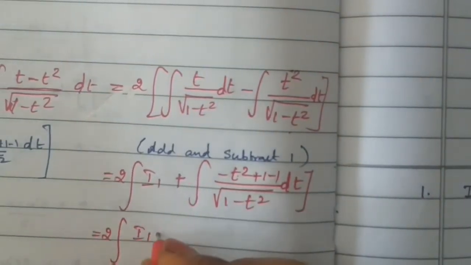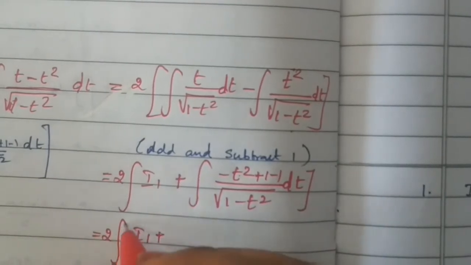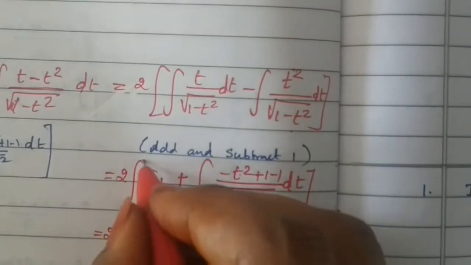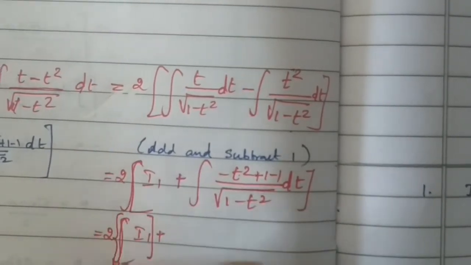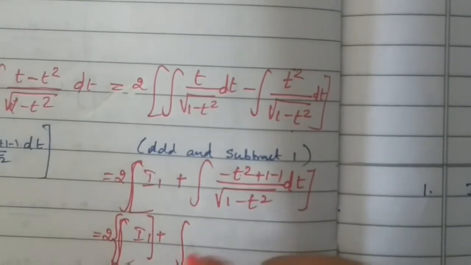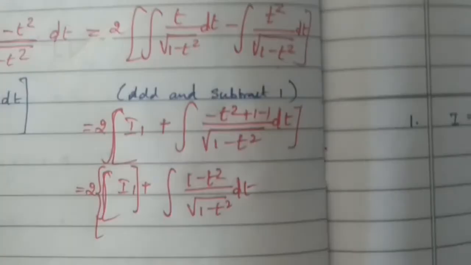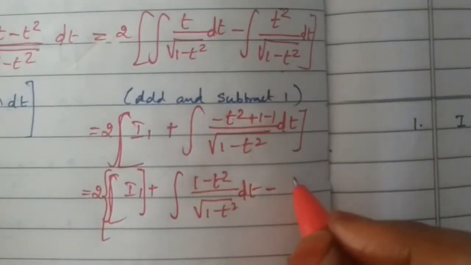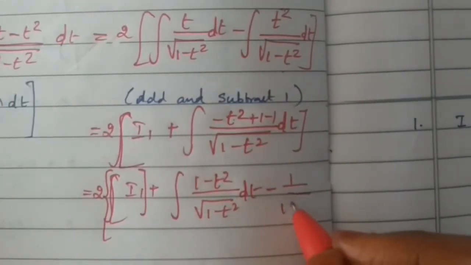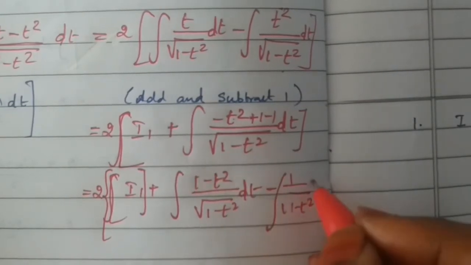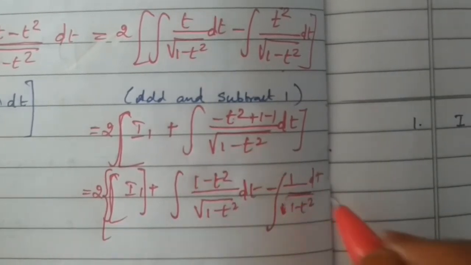You will get integral 1 plus, here also, that is (1 minus t squared) divided by root of 1 minus t squared dt, which is one thing, minus 1 divided by root of 1 minus t squared dt. Two integrals we are going to separate.